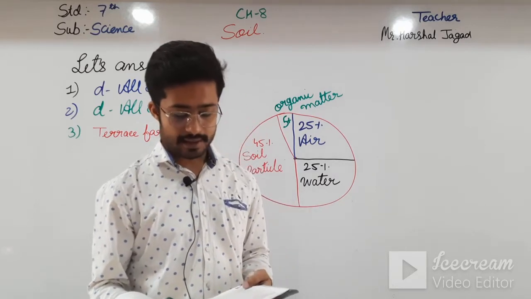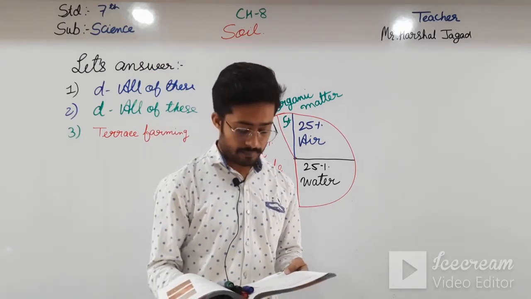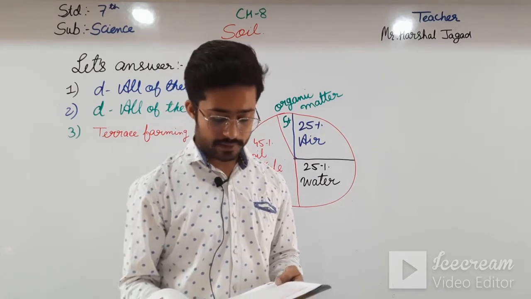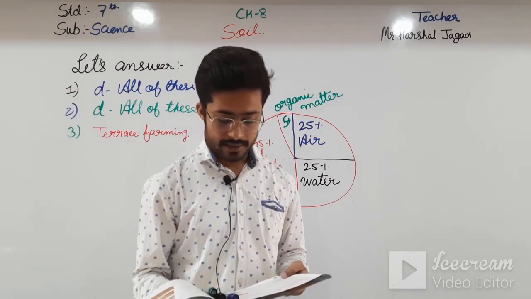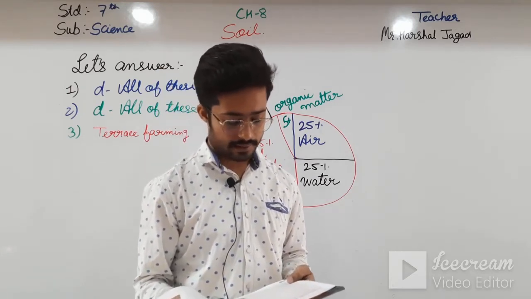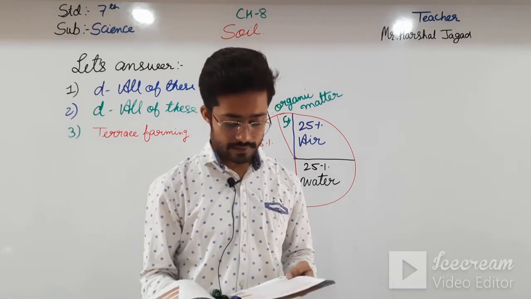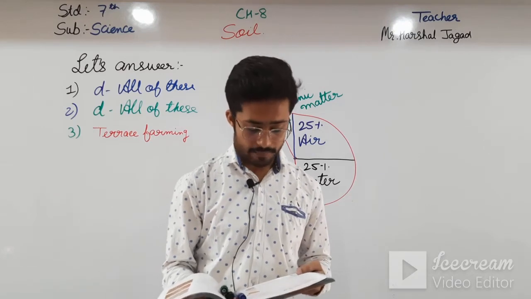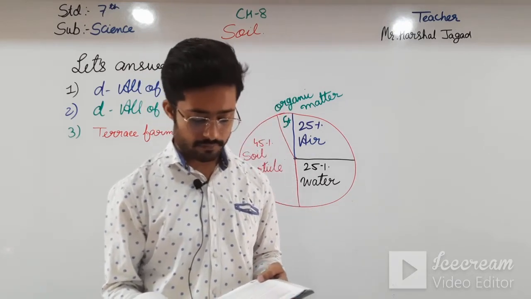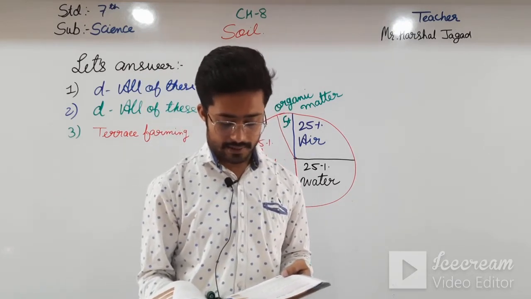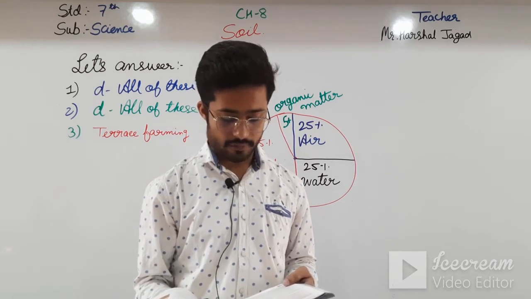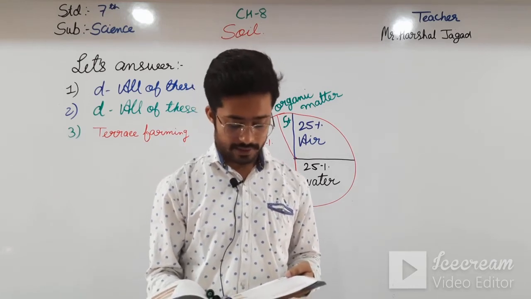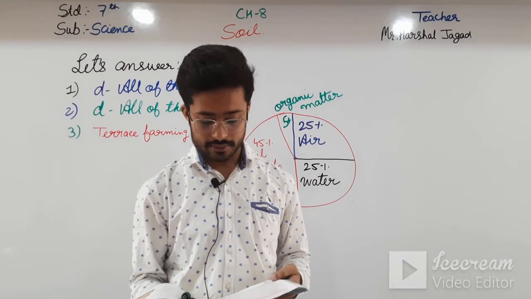See here, there is an activity given to separate the various constituents of a soil sample into different layers. Materials needed: soil sample, beaker, glass jar and water. Take a cup of soil from a nearby garden, mix it with a glass of water in a beaker, stir the mixture well and pour it into the glass jar.